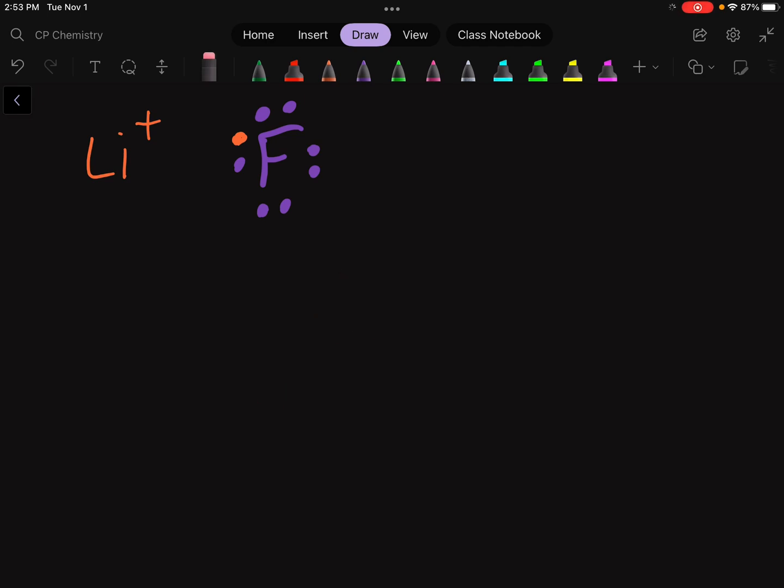So fluorine's going to have brackets around it since it has all those dots with the negative sign on the outside. Lithium gave up all of its electrons. Fluorine has all of the electrons at once. So there's only an Li and an F involved. 1 lithium, 1 fluorine. So its formula is LiF.